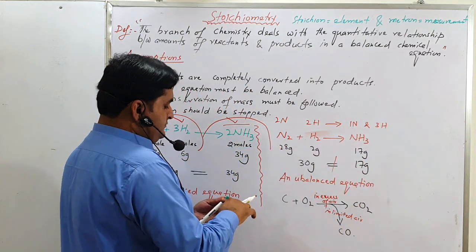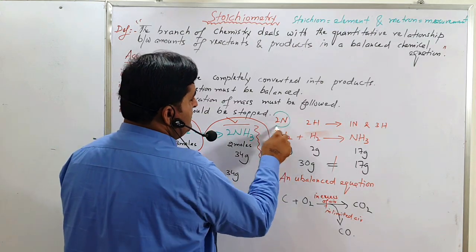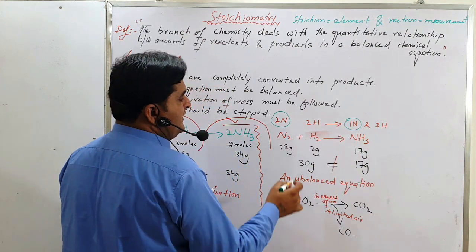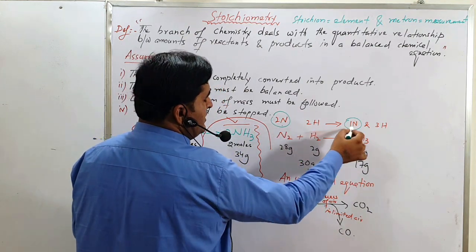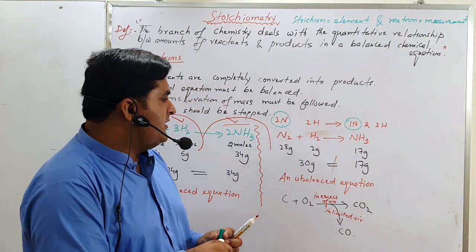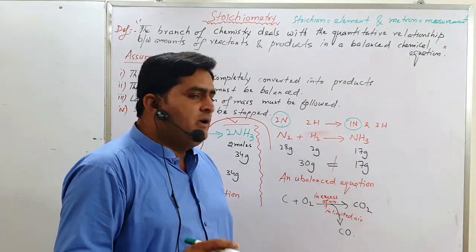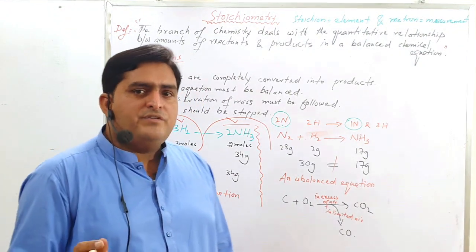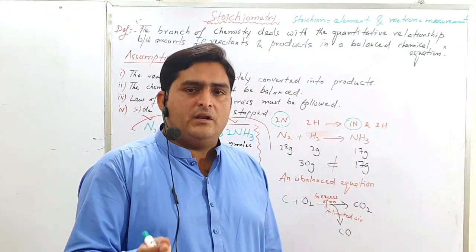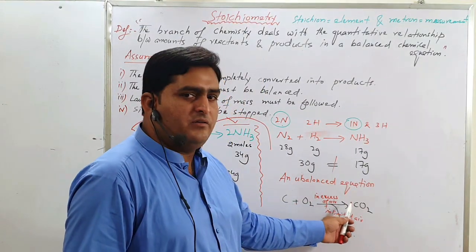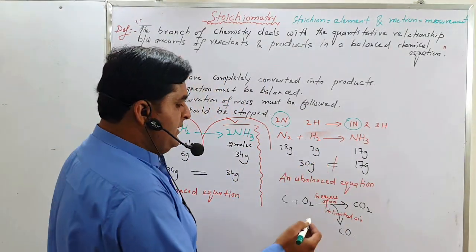So there were two nitrogen atoms in the reactants, but in the product there is one nitrogen. It means the same atoms, identical elements, are not equal in both reactants and products. So an equation which has an unequal number of similar or identical atoms in reactants and products is called an unbalanced equation. So here this equation is unbalanced.